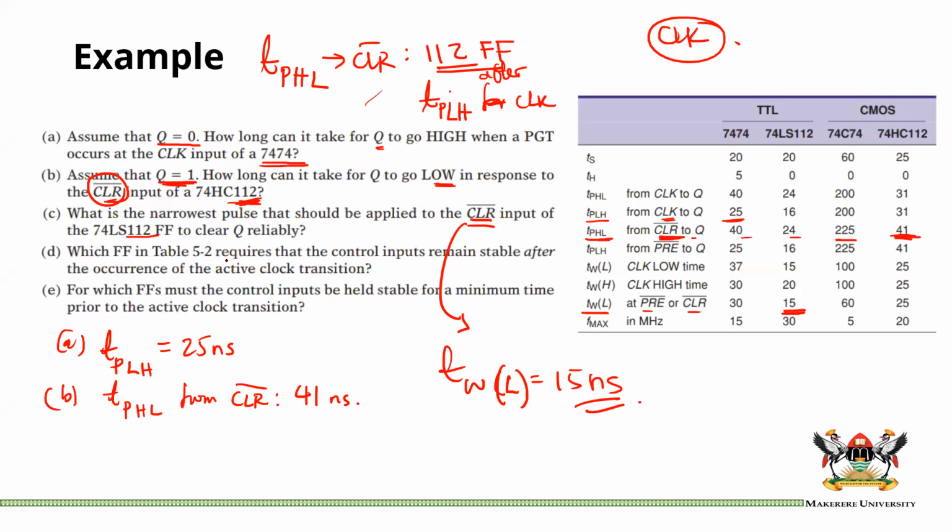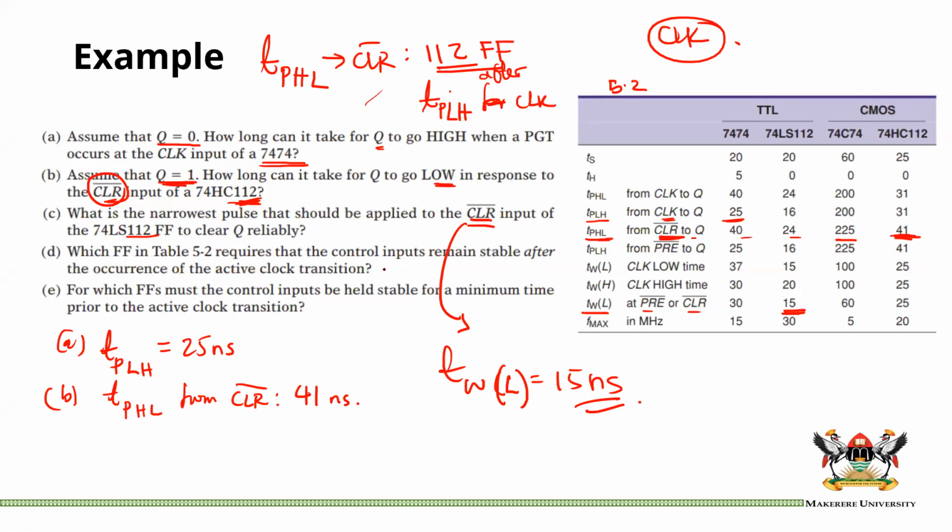Which flip-flop in table 5.2a, did the people give me these answers or they stopped working? Don't stop working. I saw a few of you. Please continue. A flip-flop in table 5.2, this table is 5.2 in the book, requires that the control inputs remain stable after the occurrence of the active clock transition. So this is after.